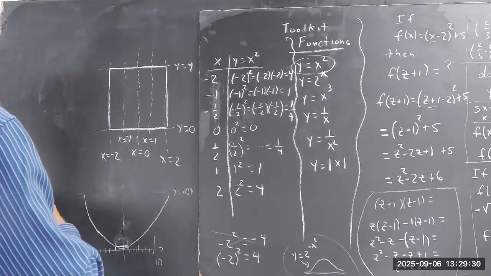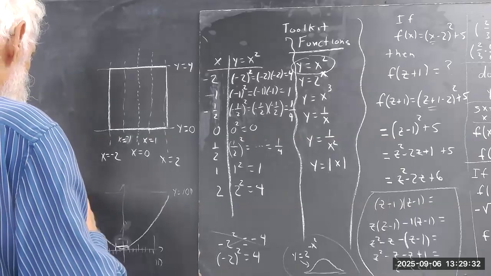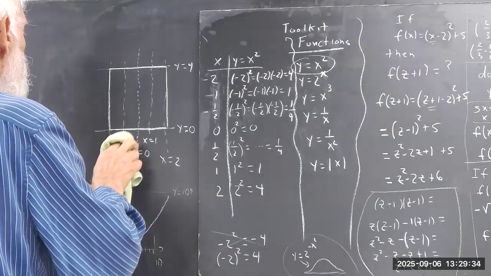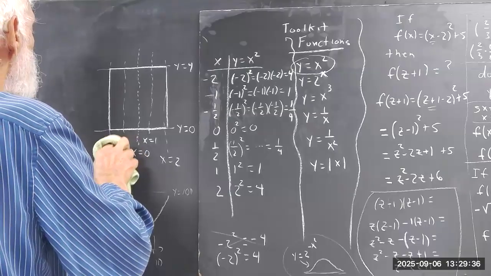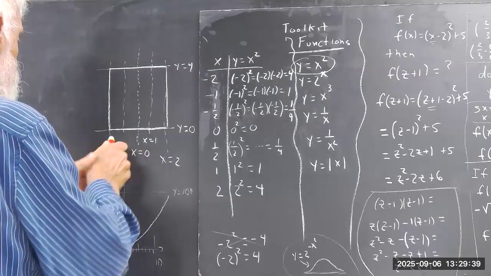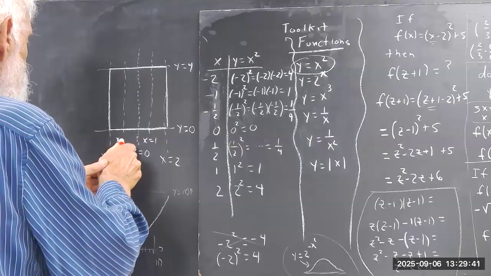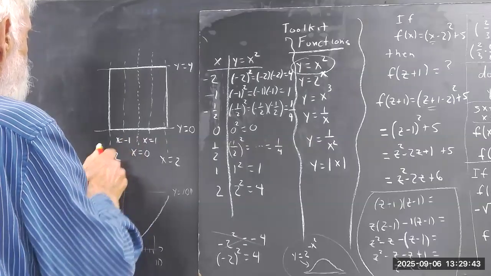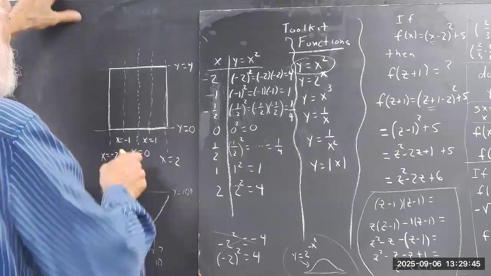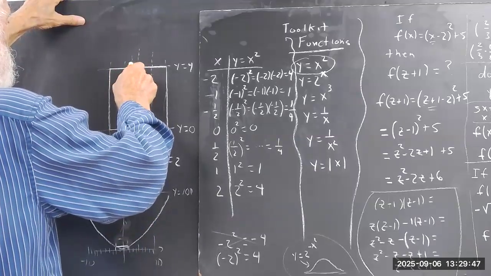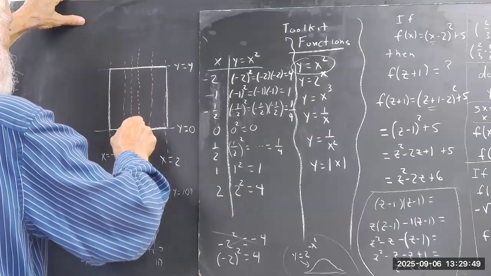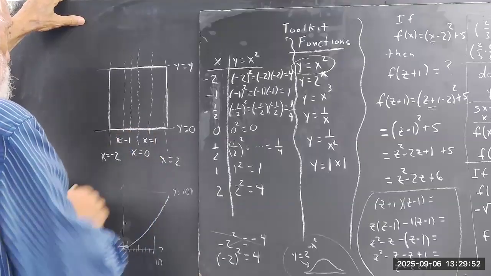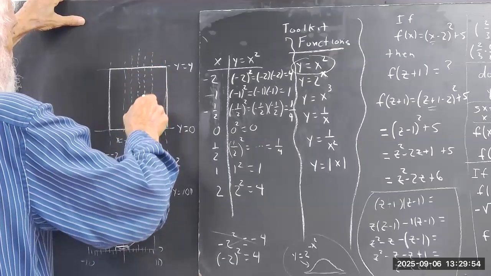See if I've got a little bit of damp cloth here to smudge it out with. That's pretty neat. X equals -1. Okay, it's still not great. Okay, then I also want x equals -1/2, which is halfway between -1 and 0, and x equals 1/2.